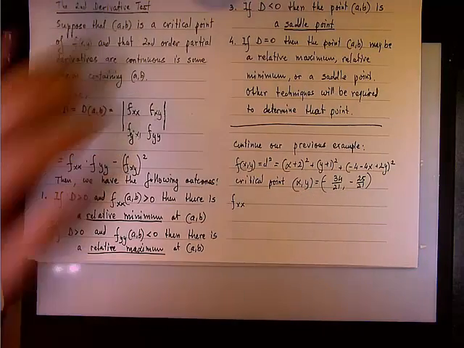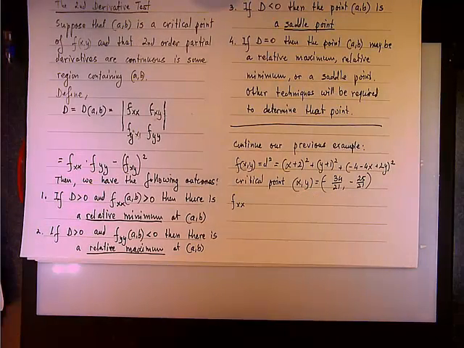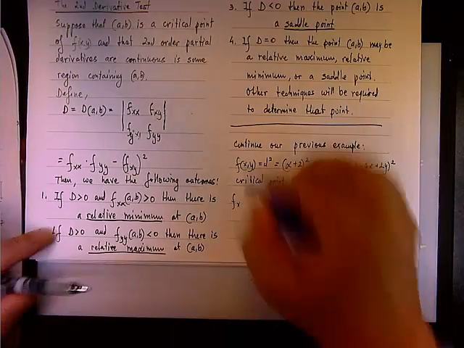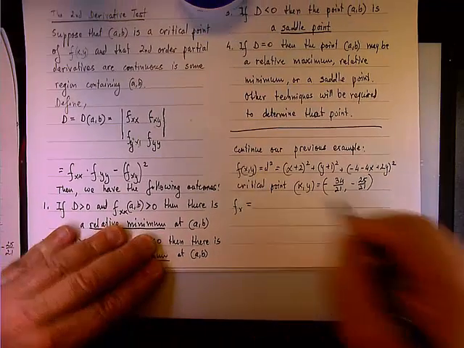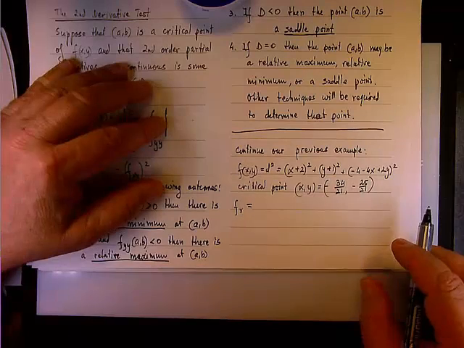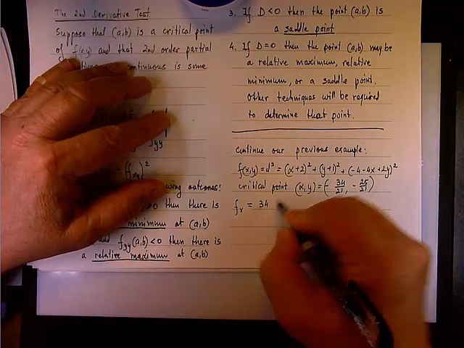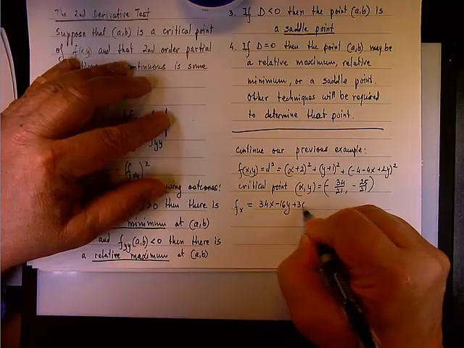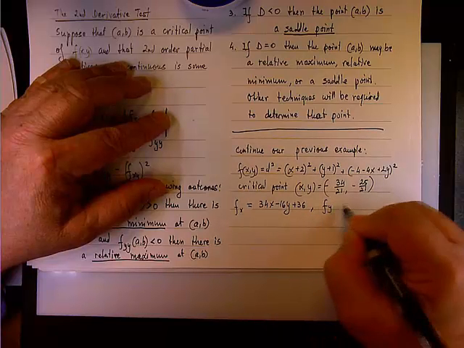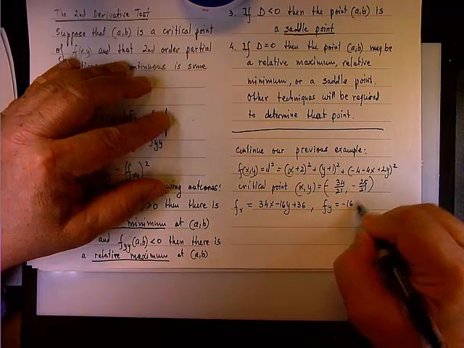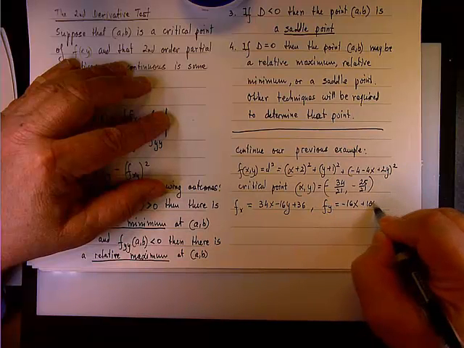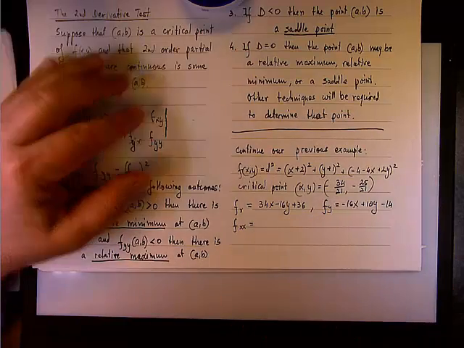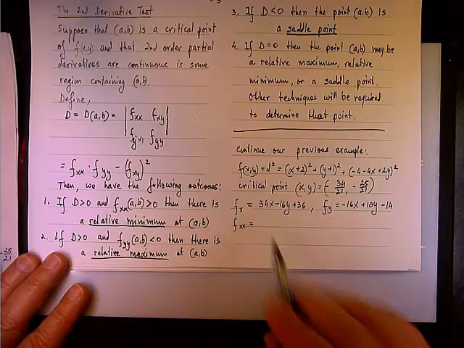So what we're going to need is three more derivatives, right? We need to find f xx, the second order derivative. So let's look back at what we have. We need to write first f x, the first order derivative. I had it, and it was 34x minus 16y plus 36, and f sub y was negative 16x plus 10y minus 14.